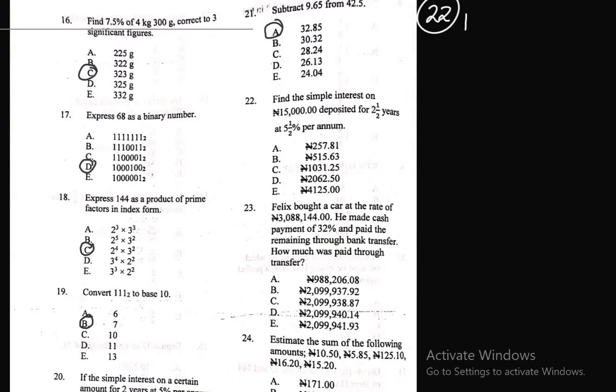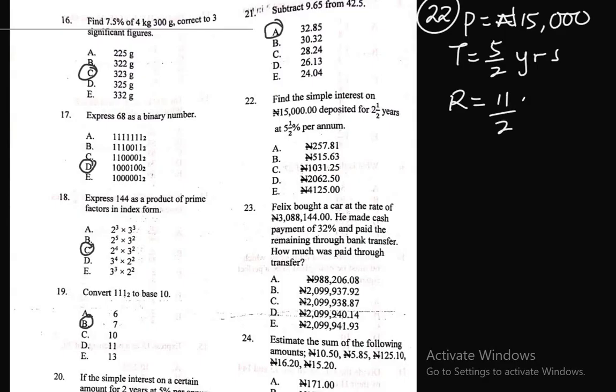The principal in the question is 15,000 naira. The time is 2.5 years, change to improper fraction, 2 times 2, 4 plus 1, 5/2 years. The rate is 5.5%, change to improper fraction, 2 times 5, 10 plus 1, 11/2%.